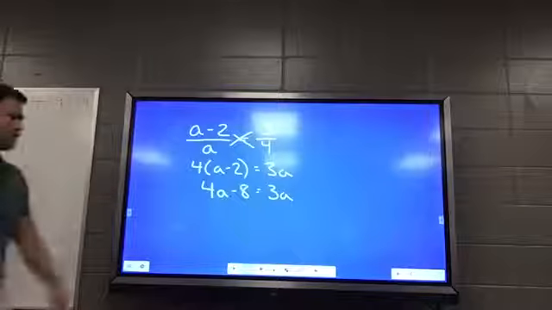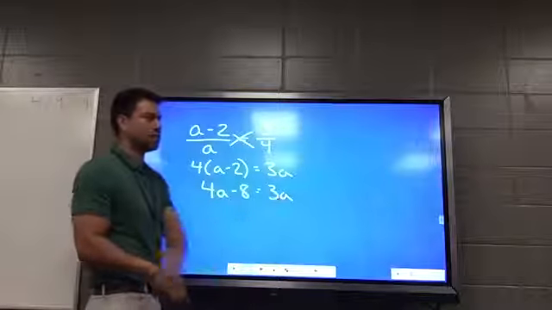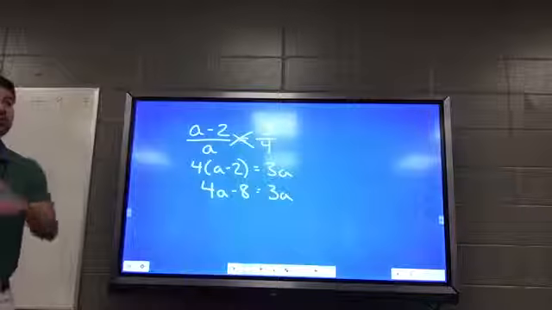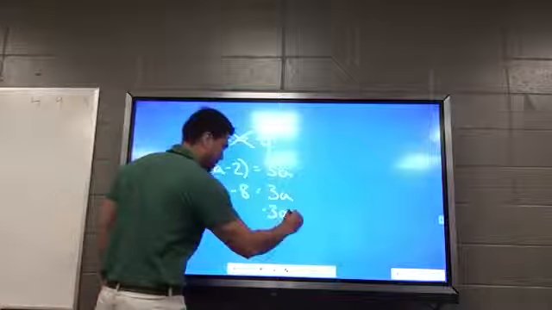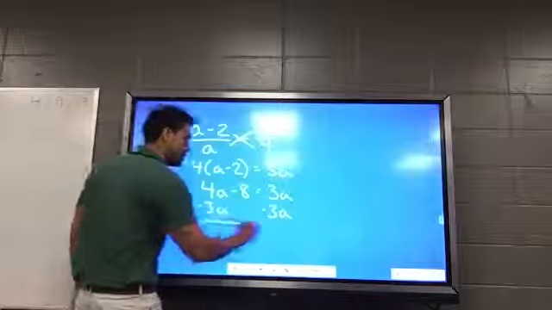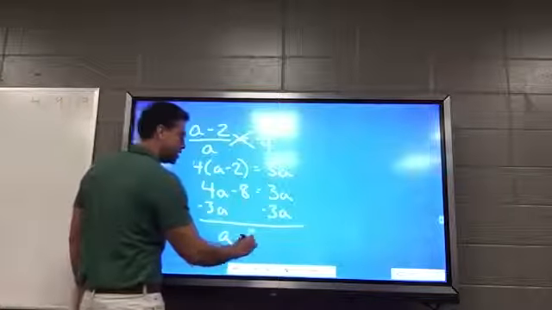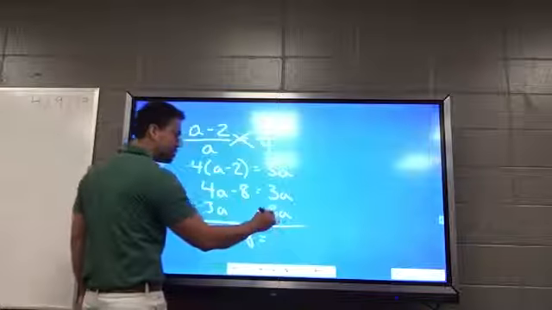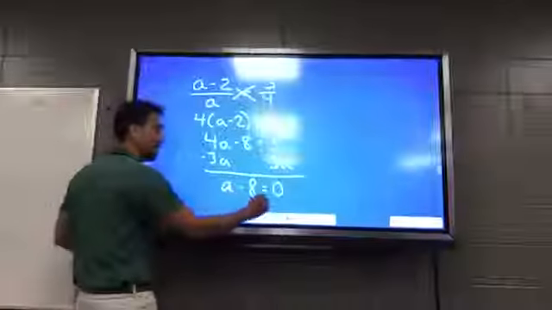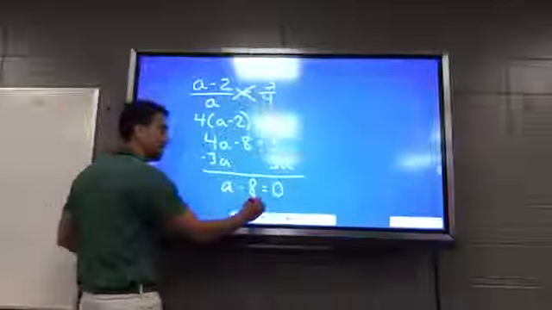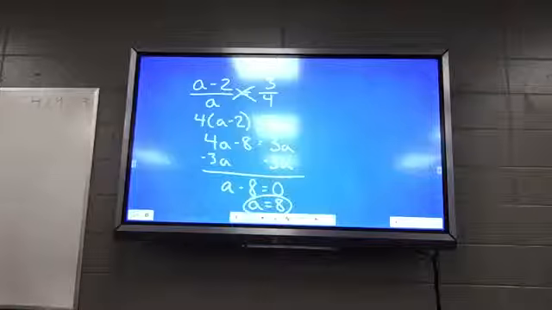You could subtract 4a like you did the last time, or maybe subtract 3a from both sides, which is what I'm going to do. I get a minus 8 equals, what's 3a minus 3a? 0. Uh-oh, what do I do to this? Add 8 to both sides, and I get a equals 8. So you could have done it differently, but a equals 8.